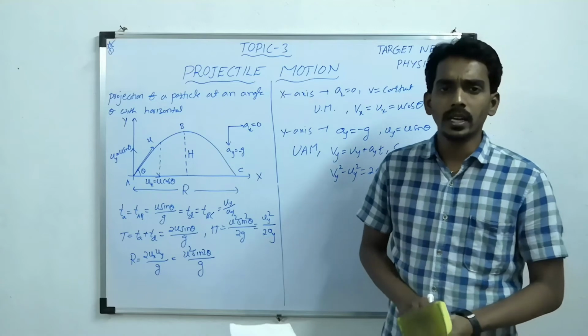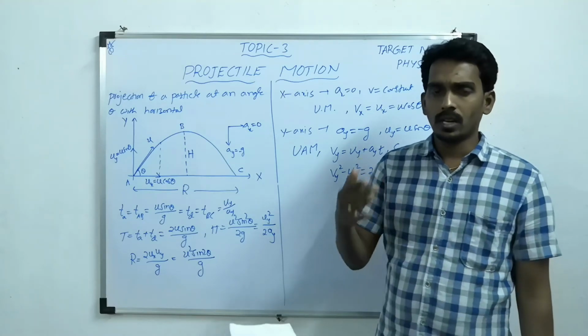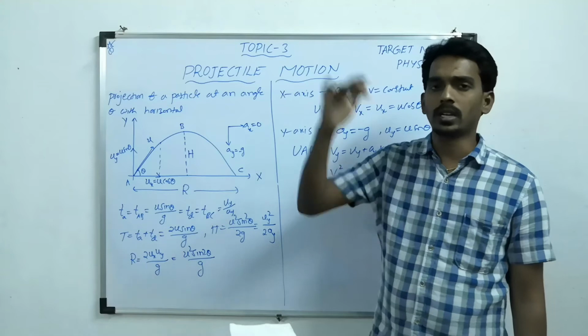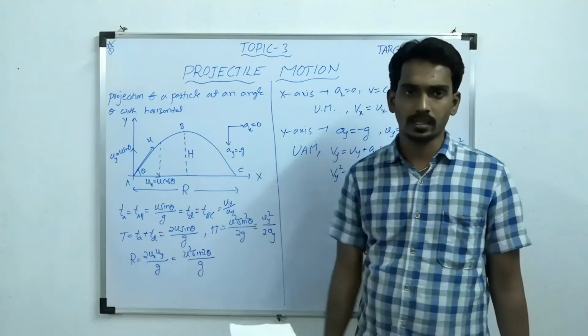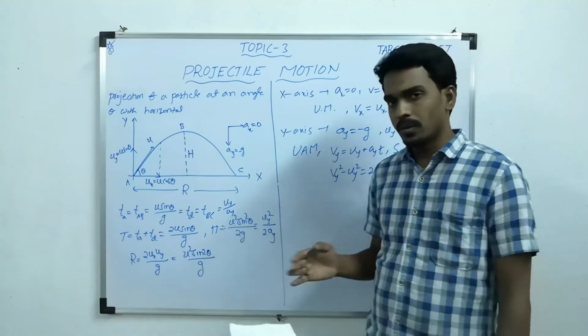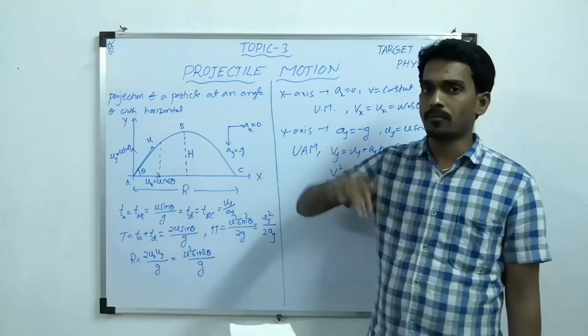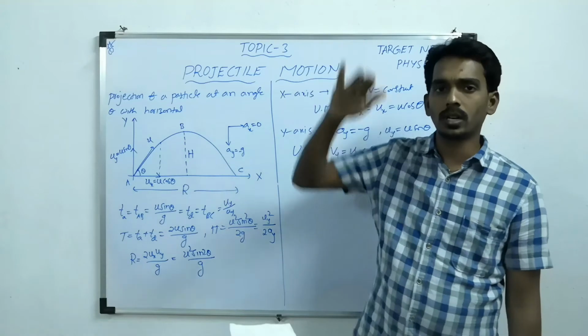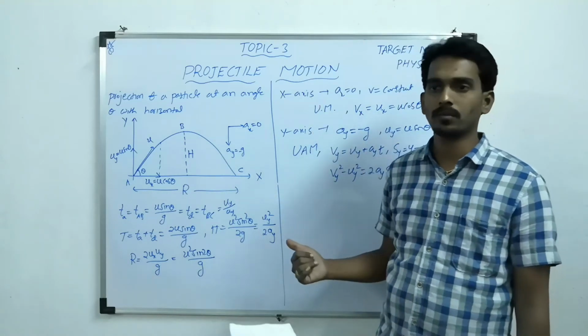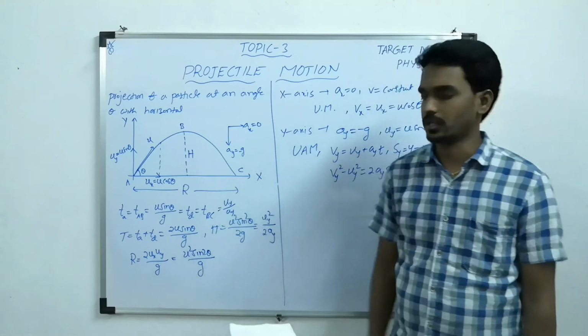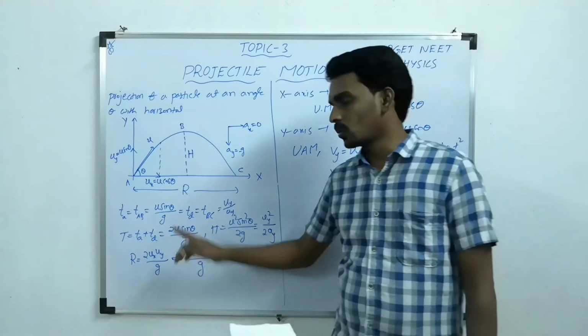What is uy? Initial velocity component along vertical upward. And what is ay? Vertical acceleration. Even when you consider motion under gravity, upward motion, what is the initial vertical velocity? U. What is the acceleration? g. So what is the time? U by g. Similarly, what is the total time?